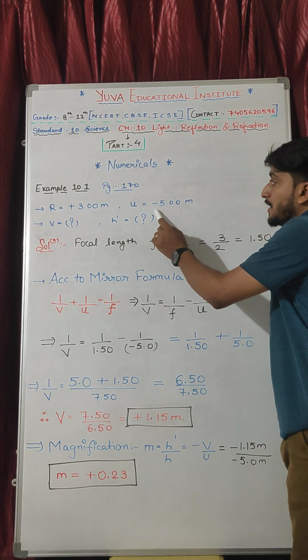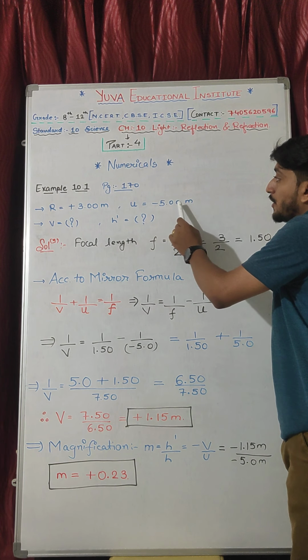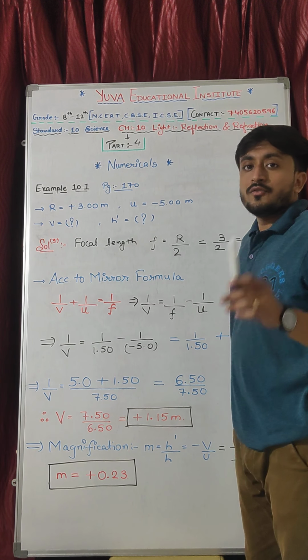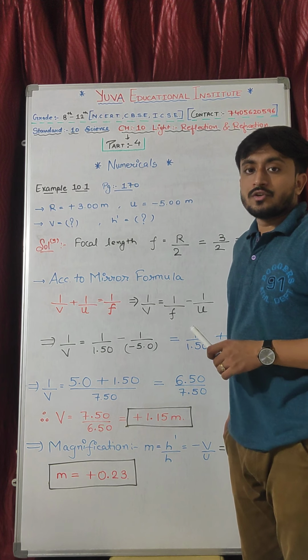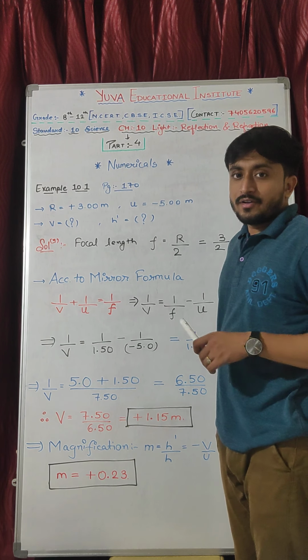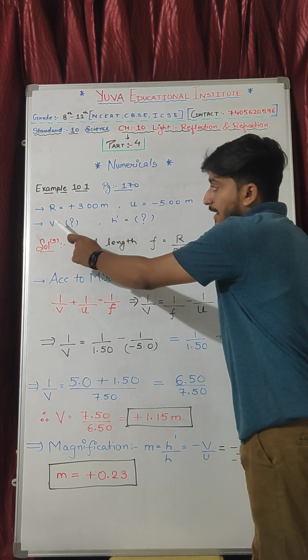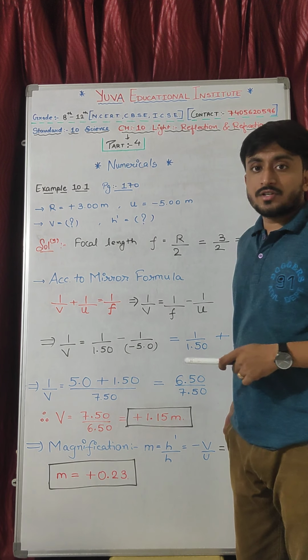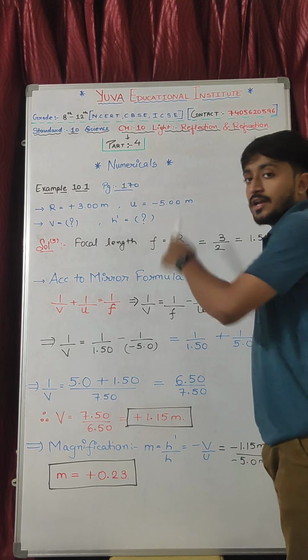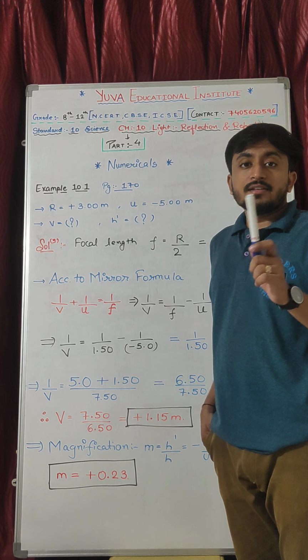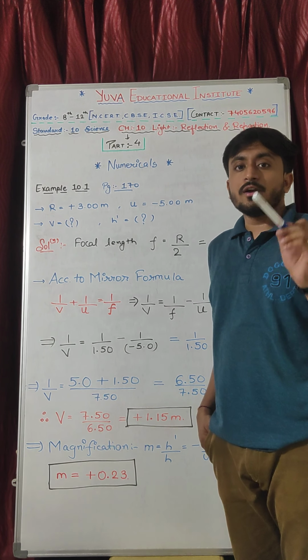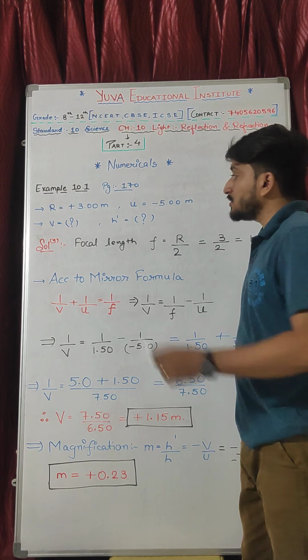Object distance is measured as minus 5.0 meter. If you are remembering the sign convention rule, object is placed on the left hand side, so its sign is negative. Okay, now you have to find image distance and magnification of height, that is height of image, that is denoted by h dash.